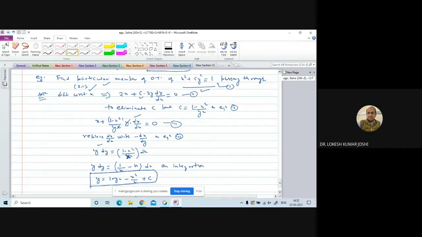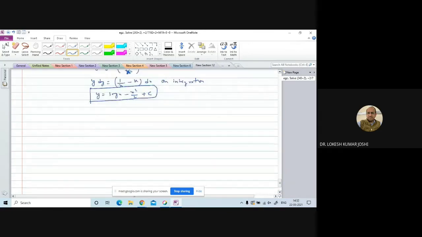Clearly, this represents a family, because this arbitrary constant tells us that we get a family of curves. Now, we have to find out the particular member of the family. The particular member of the family is the required orthogonal trajectory.